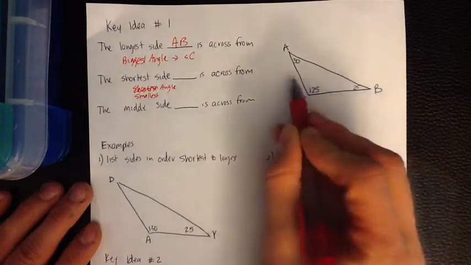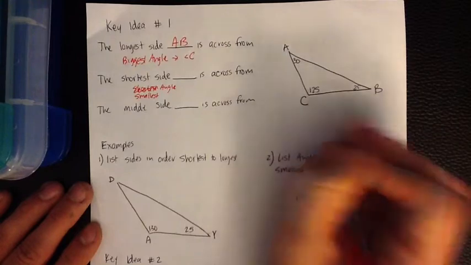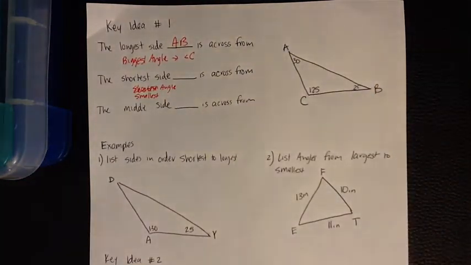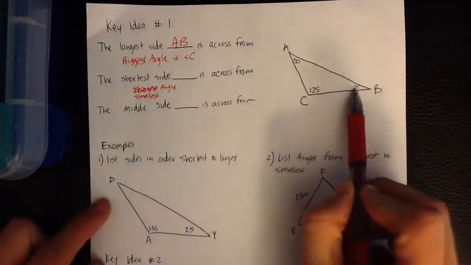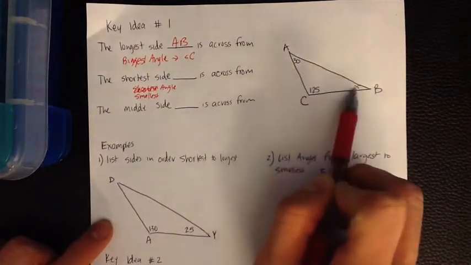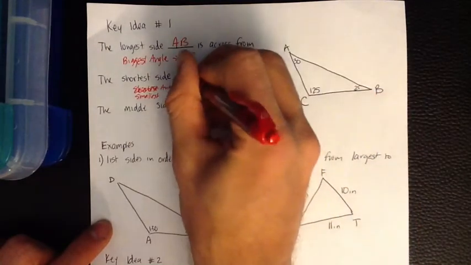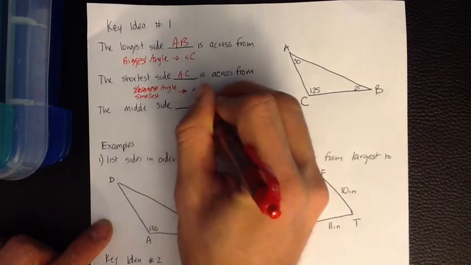Now we may look at this and say it's kind of hard to tell their size, and I just made these things up. I didn't get out a protractor, I just estimated. So we're not just looking at what it looks like, but we know for a fact that if this is 25 degrees, then this has got to be the smallest side because it's across from the smallest angle. So the smallest side would be AC, across from the smallest angle, which in this case is angle B.